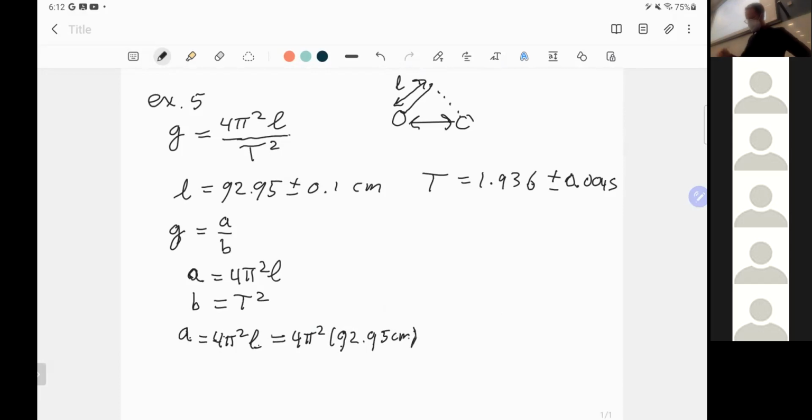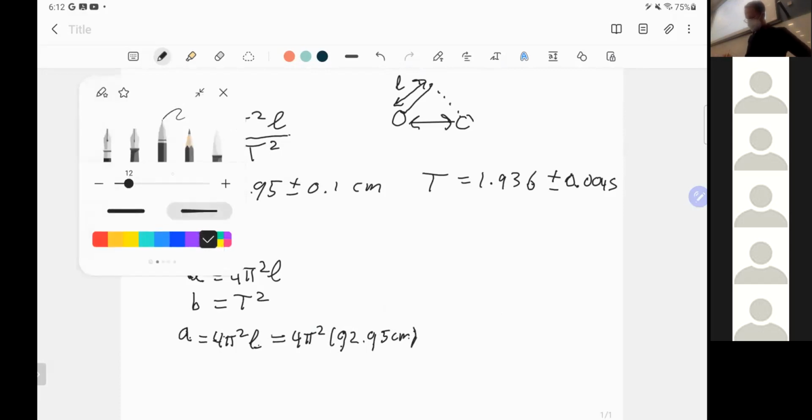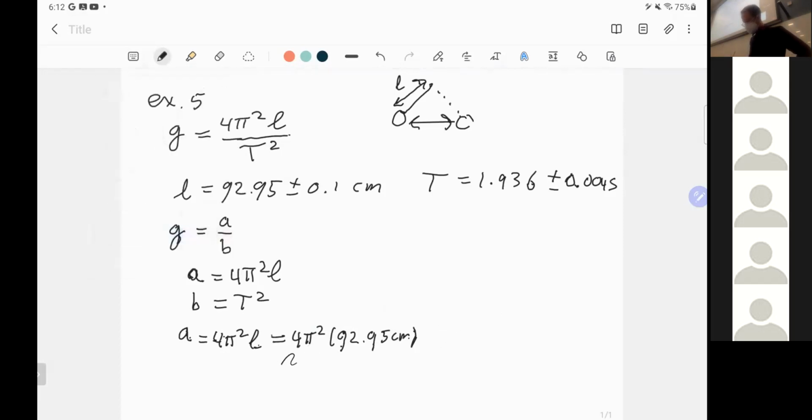If you punch this in your calculator, you should get a value of A best equals 3,669.51 centimeters.